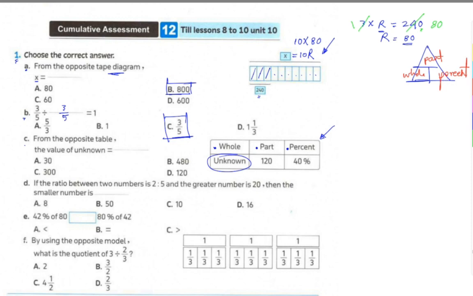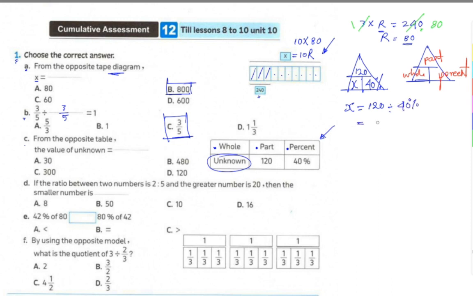Here we have the part equals 120, and the percent is 40%. I need to find the whole. So x equals 120 divided by 40%.